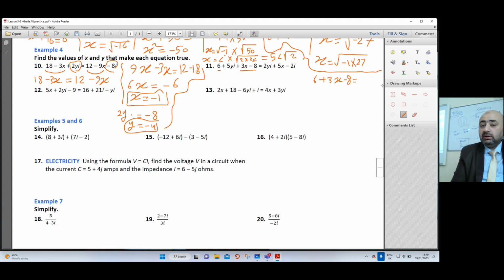Okay, equal to the real number 5x. Solve this equation. You can take 3x to the second side, and here 6 minus 8 will be minus 2. And in the second side, we have 5x minus 3x.